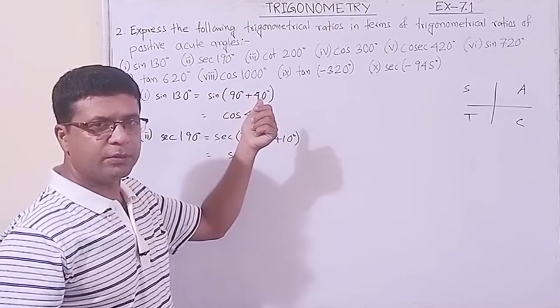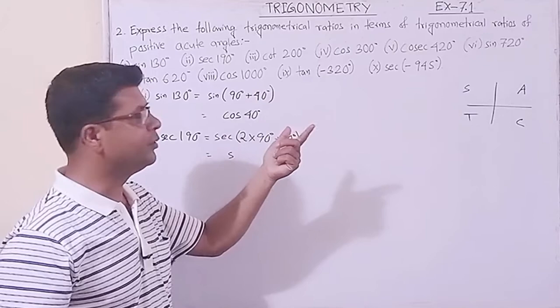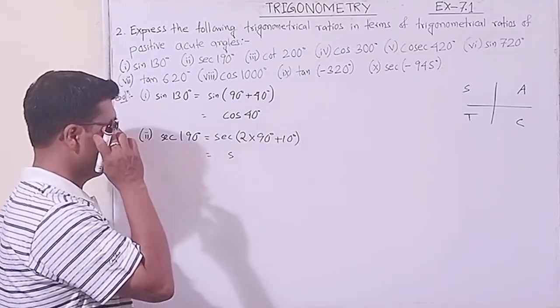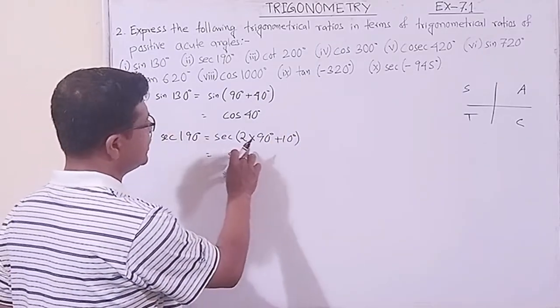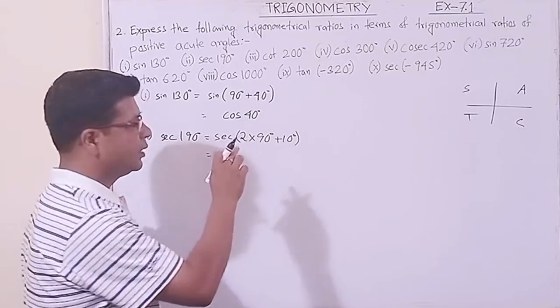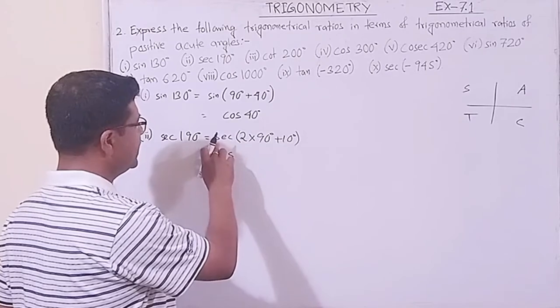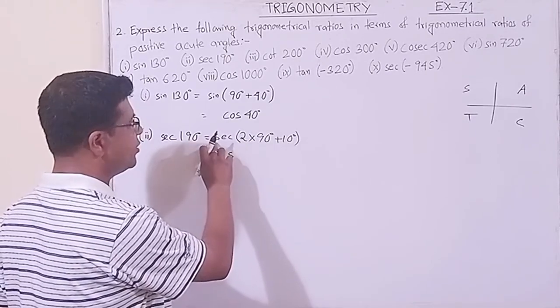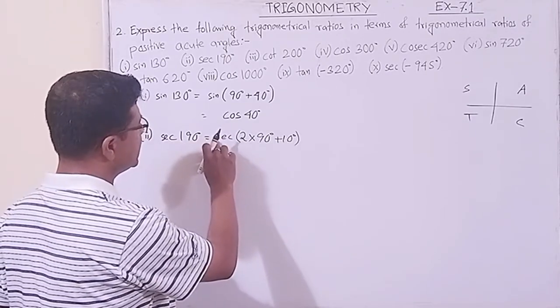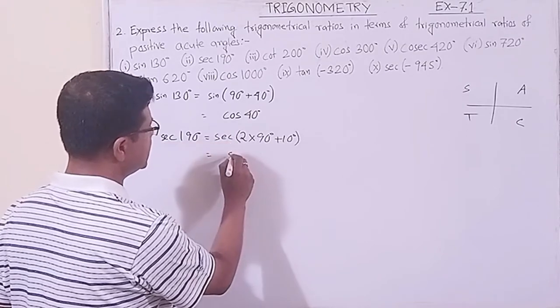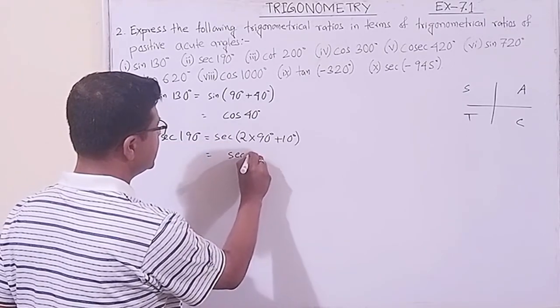Sine will be converted to cos, cos will be converted to sine. You know it. In the introduction part we have discussed all this. But if the ratio is in the form of an even multiple of 90 degrees, then the ratio remains the same, that is, it is not going to change. Sec will be sec only, so sec of 10 degrees.